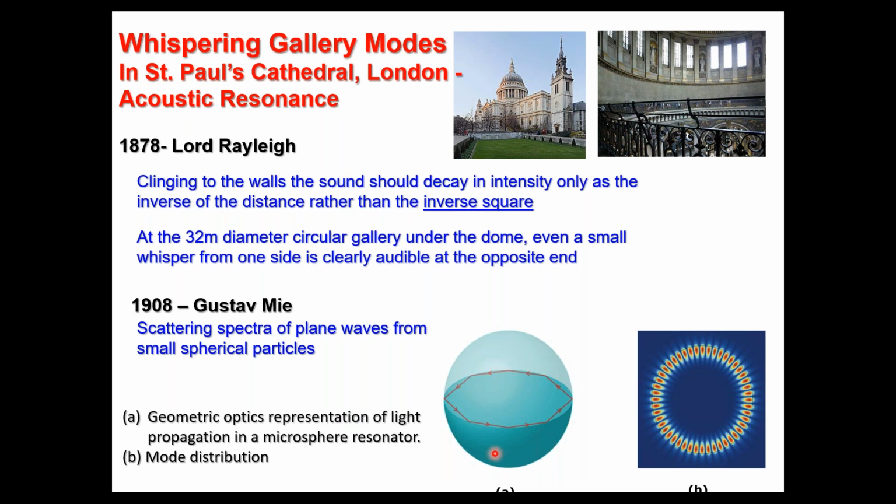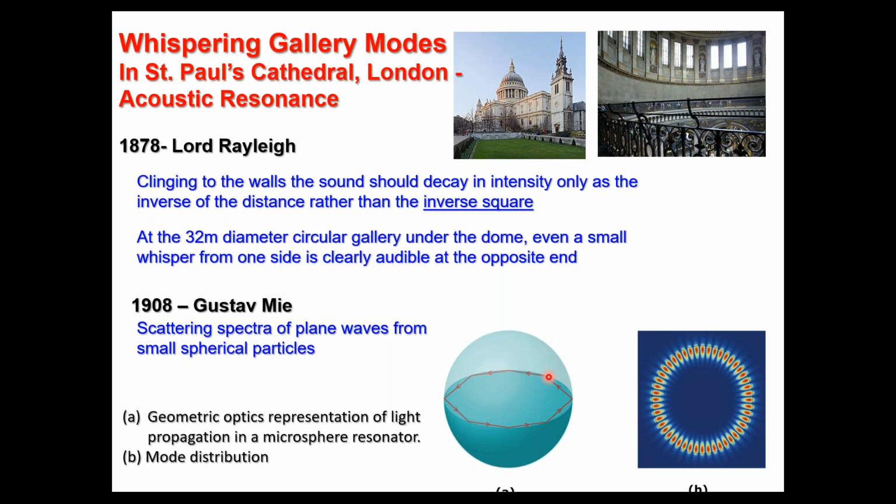So if you have a spherical dielectric structure, something like this, in 1908, using Maxwell's equations, the scattering spectra of the plane waves from spherical particles were explained, and these were also named as the whispering gallery modes.